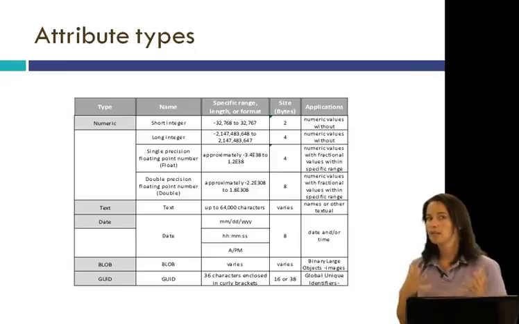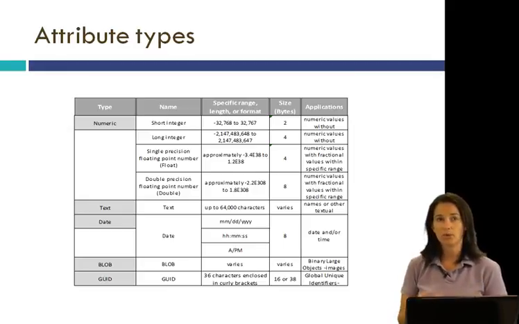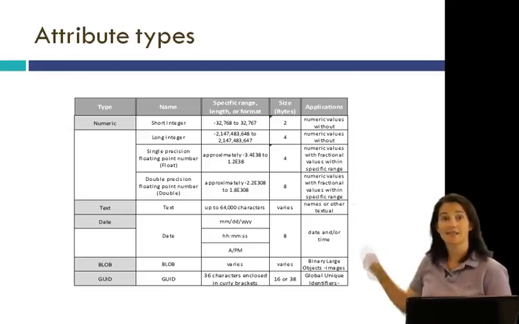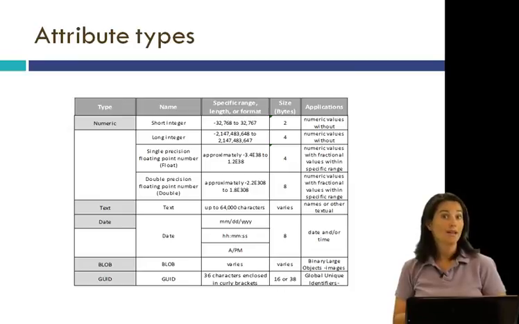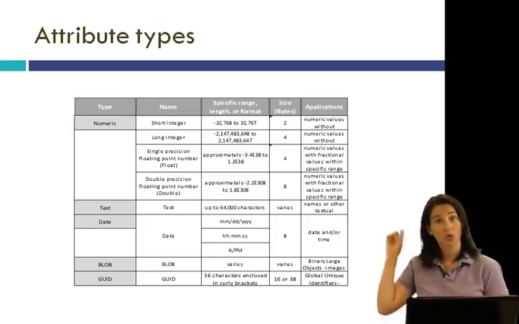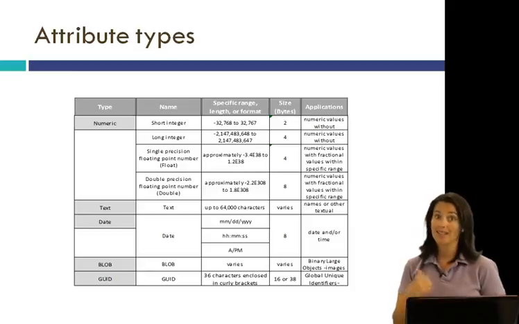Now, why does it really matter if you choose a short integer versus a double? Well, if you look under size, you decide what data type the attribute is going to be. The data type determines the size of the column, how much it's going to take up in the database. Space-wise, a short integer is only 2 bytes, where a double is 8 bytes.